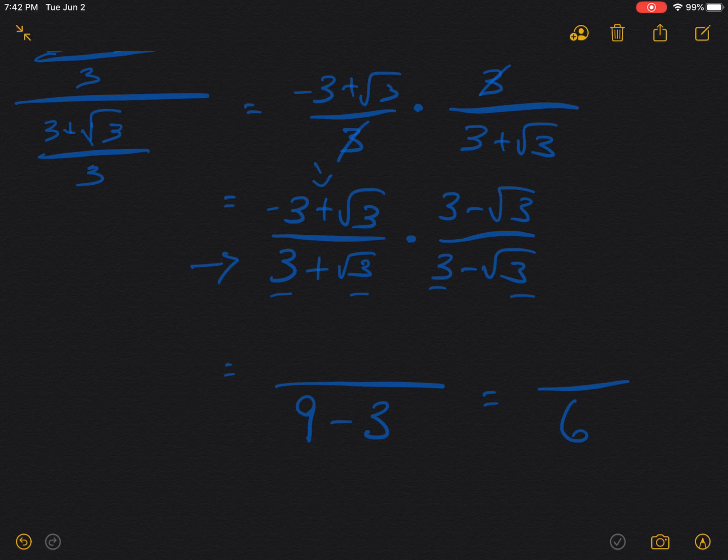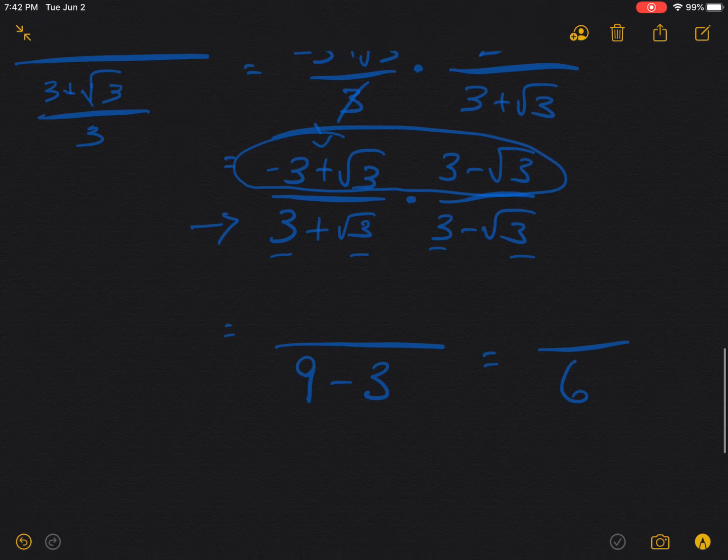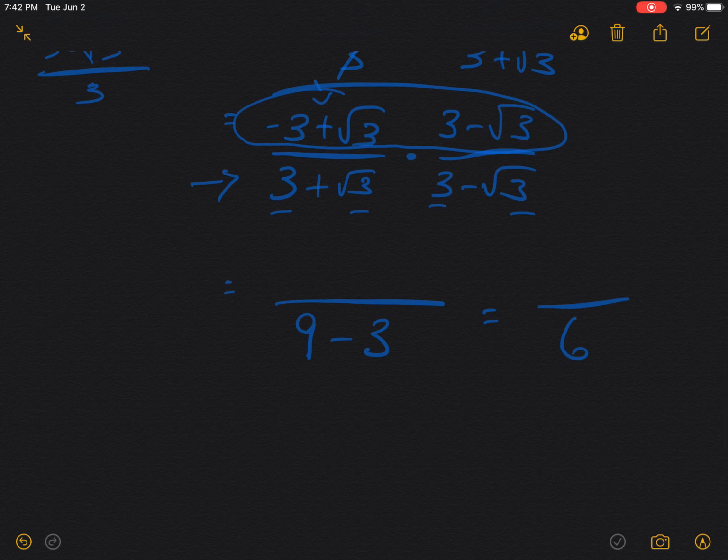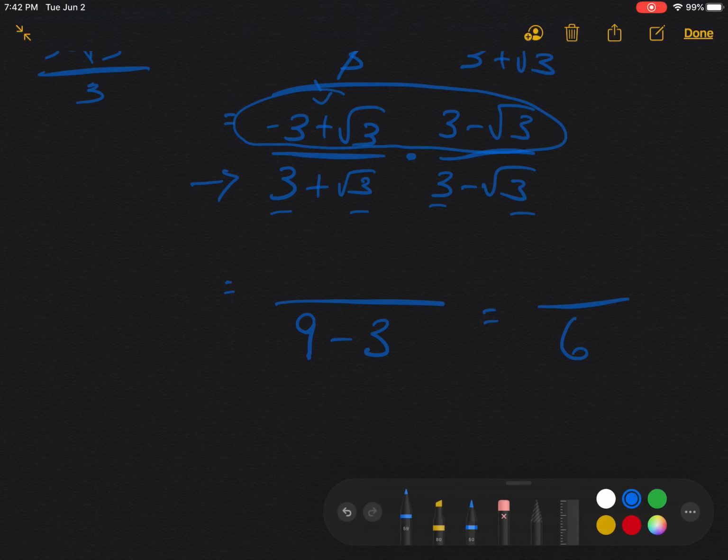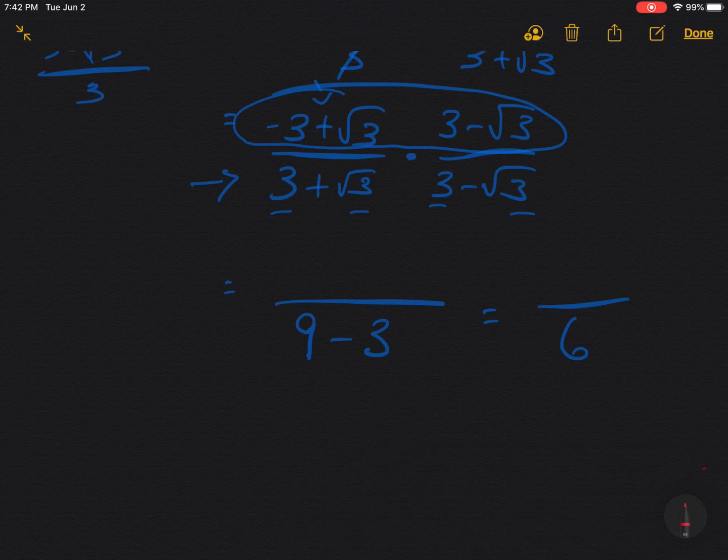So you have to distribute and do all that. So right here, I'm going to write it on the side, and I'm going to use a different color, red, just to differentiate. Okay, so -3 plus square root of 3 multiplied by 3 minus square root of 3.